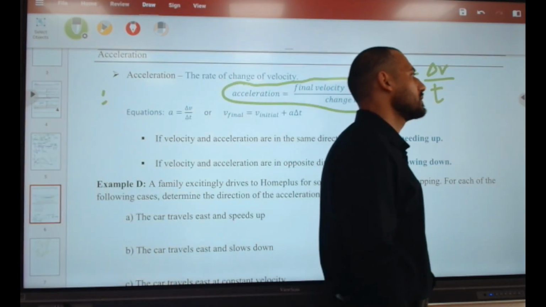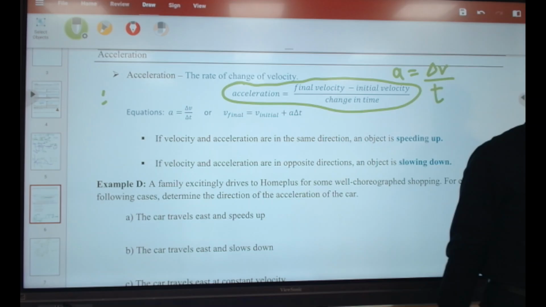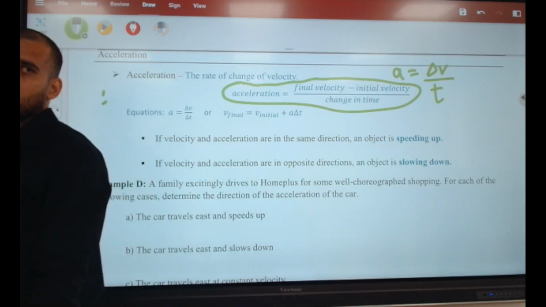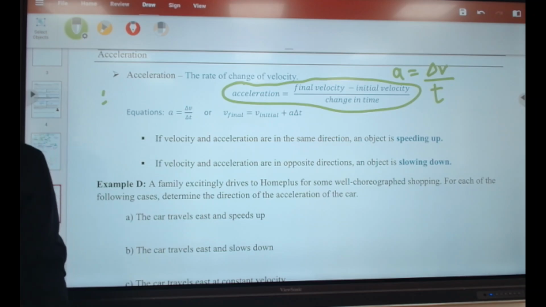The direction of acceleration is same as that of change in velocity. Is that fine? Is it clear?